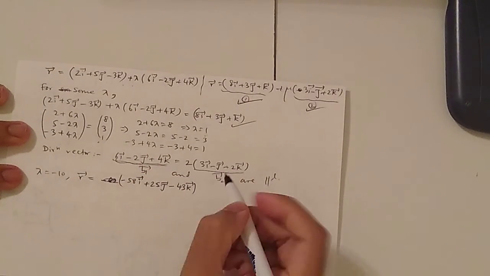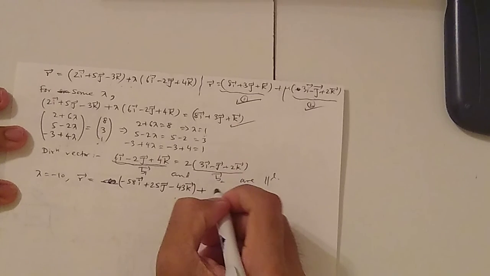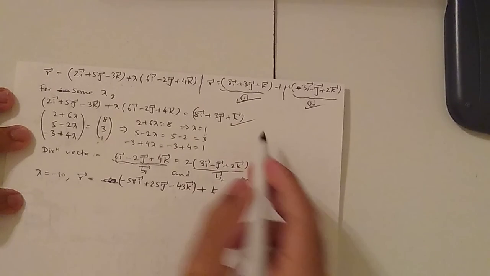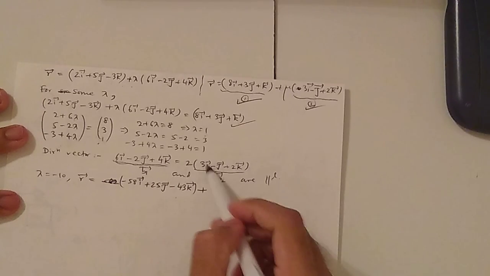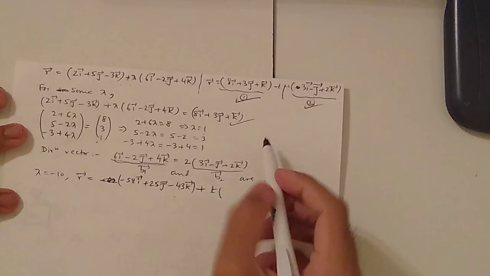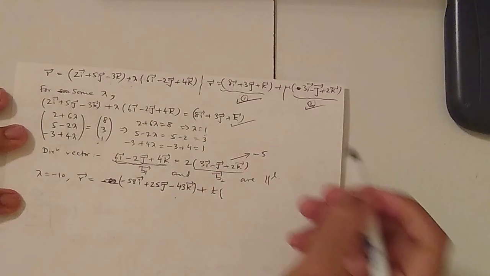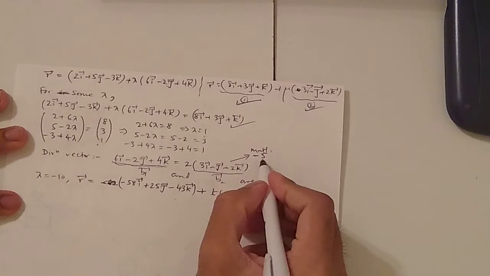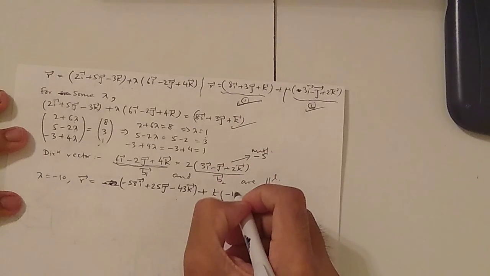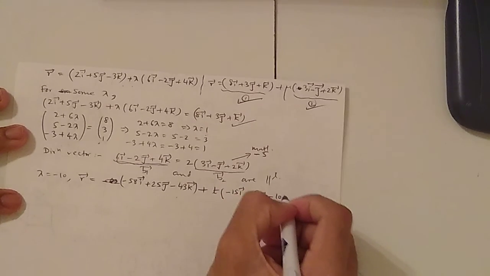So this is also acceptable as the starting point, and then we write plus t. I'm using a different parameter from the first two, and over here let's say that we have this vector and we multiply this by minus 5. If you multiply by minus 5, in that case you get minus 59... plus 5j minus 10k.